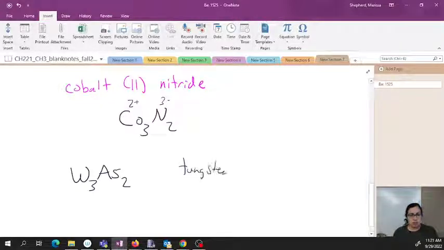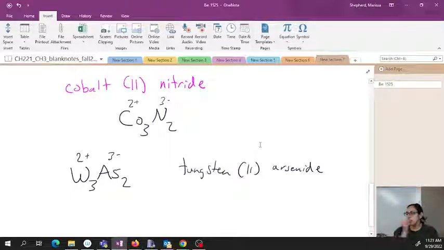So tungsten 2, exactly. So arsenic, you could back it out. Does it match with -3? Yes, it does. And so this 2 plus also matches, and then you can just do your math. So 2 times 3 is +6, -3 times 2 is -6. So that all works.